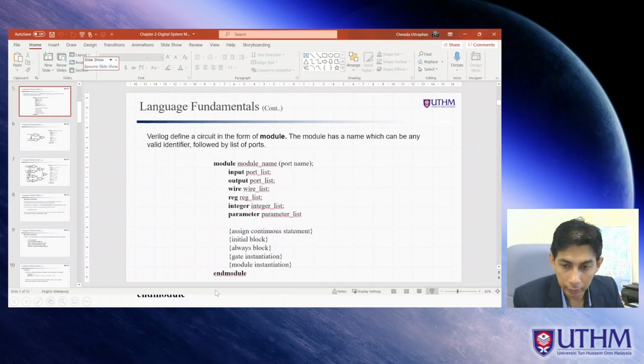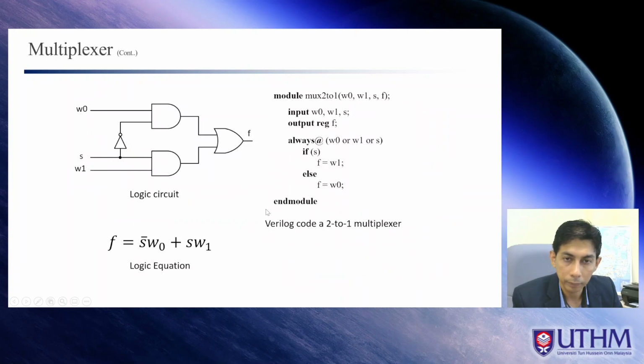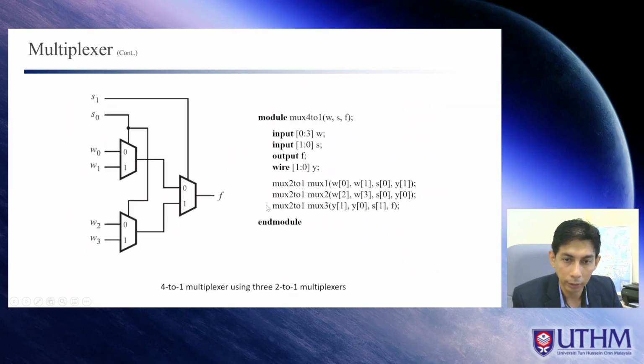So here is actually the module instantiation, meaning that we import our previous design or another module into our current design. To import, we just call or put the name of our previous module, which is the mux 2-to-1, this one, and we give a name for each module here.